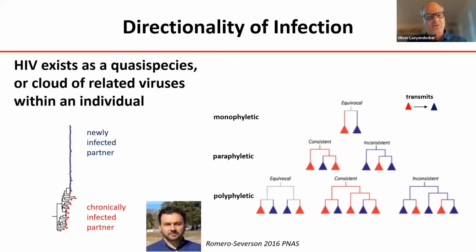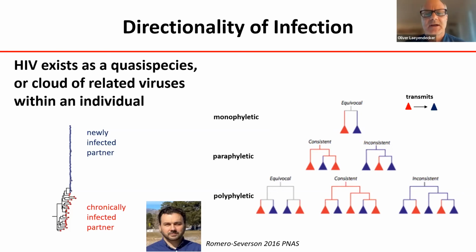There's also more work by his group with Ethan Romano Servzen. I don't know if I'm pronouncing his name right, but really the structure of the phylogenetic tree that you have can demonstrate directionality of transmission.